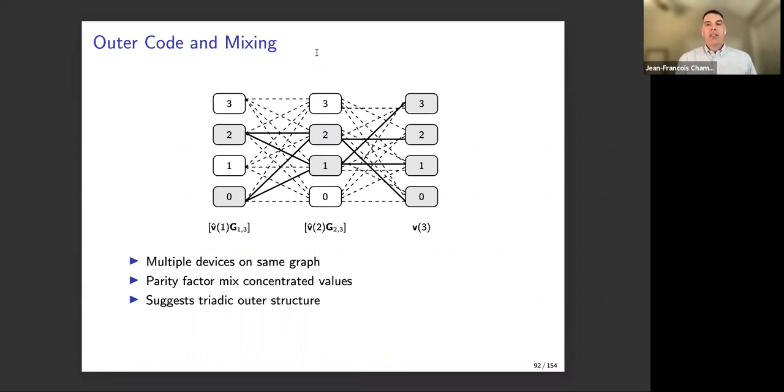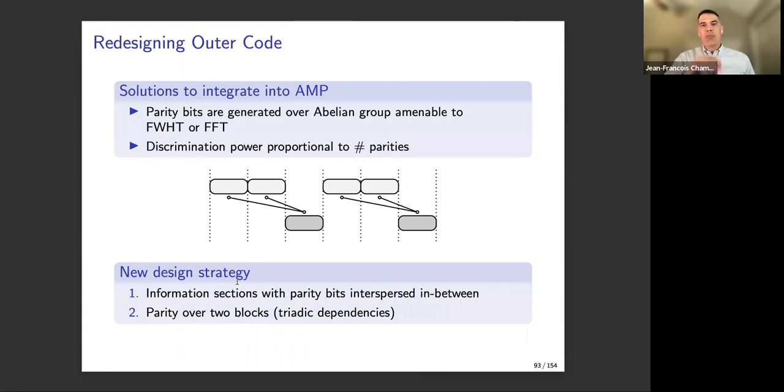And so to avoid too much mixing, what we have to do is use check nodes that have low orders. We call them triadic. We have check nodes that act over essentially pairs of fragments plus 1 parity. Maybe that's a subtle point, so I will not dwell too much on that. But the new outer code that we've designed has the following structure.